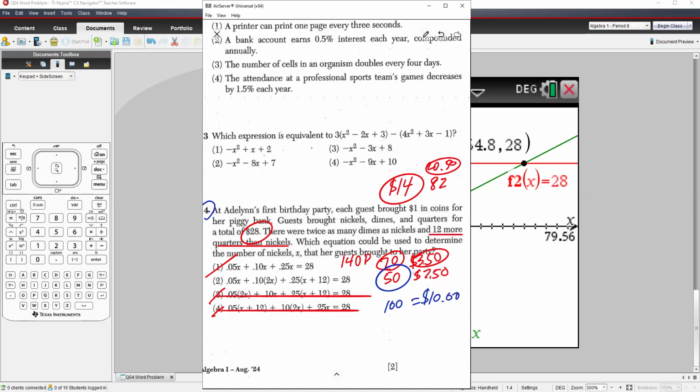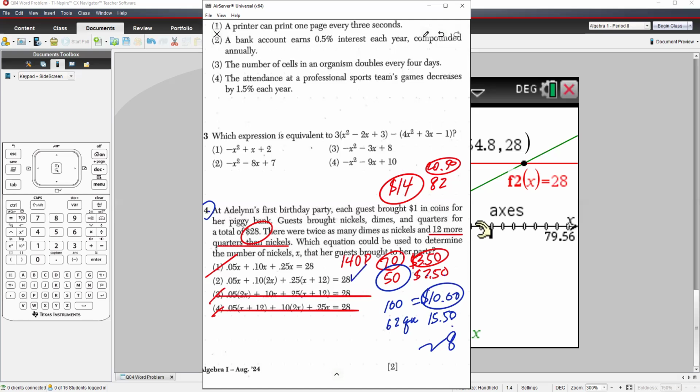And the last one said there were 12 more quarters than nickels, so that means there would be 62 quarters. 60 quarters, 60 divided by 4 is 15, and then I would have 2 quarters left over, so that would be $15.50. Now, let's add them. $2.50 plus $15.50 is $18. $18 plus 10 gives me 28. So I know this is the answer.